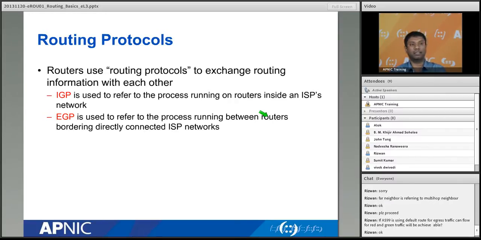So for example, OSPF and IS-IS are examples of the IGP class of routing protocol. EGP class, for example BGP, is an example of the Exterior Gateway Protocol. When you are doing routing between two ASes, then you can use the EGP class. So as an option, we have only one protocol, which is BGP as an EGP. But for IGP, we have a number of options.